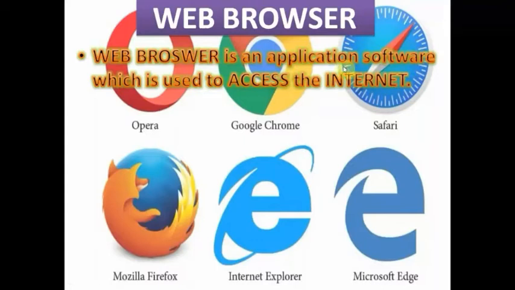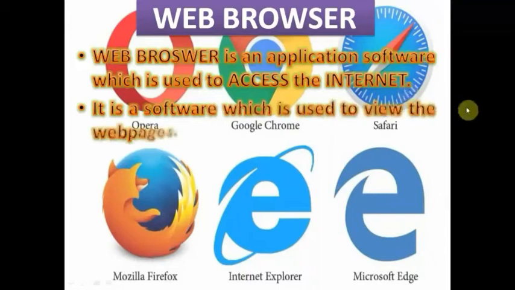In computer, there are three types of software: application software, system software and utility software. So web browser is an application software which is used to access the internet. Without web browser, we cannot use the internet, we cannot view the web page, because web browser is an application software that enables the user to use the internet.